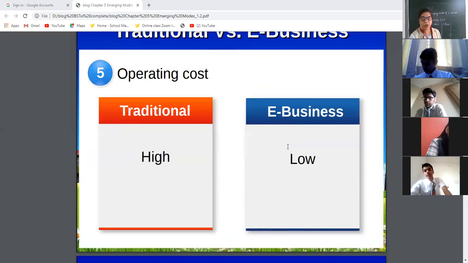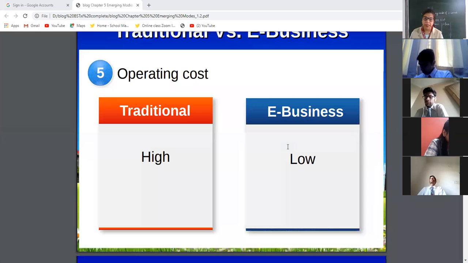Then operating cost. See, operating cost means maintenance cost. In traditional business, the operating cost is very high, because it has to pay various expenditures: salary to employees, electricity bill, maintenance charges, cleaning charges, repairs.